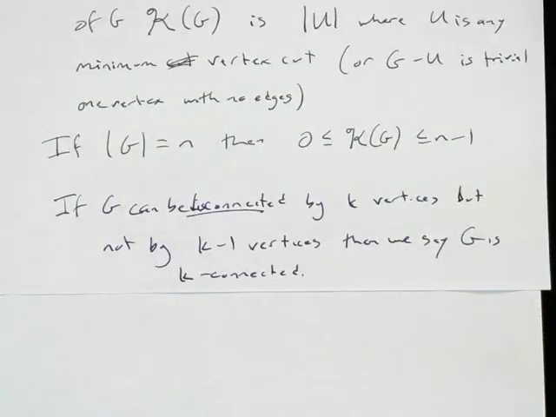Also, it can't be disconnected by removing 1. So if it's 2 connected, it's also 1 connected. So far, so good. What do I need to pull out to make this thing disconnect? If I can do it for edges.